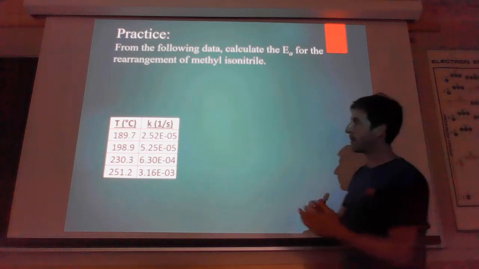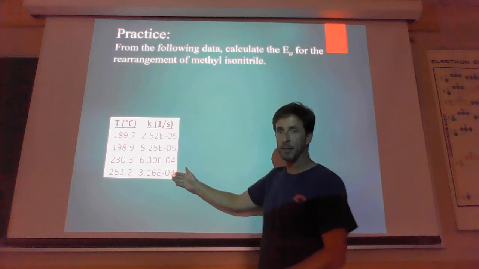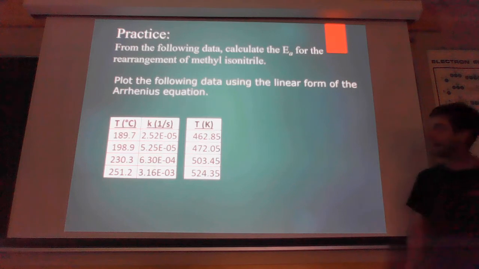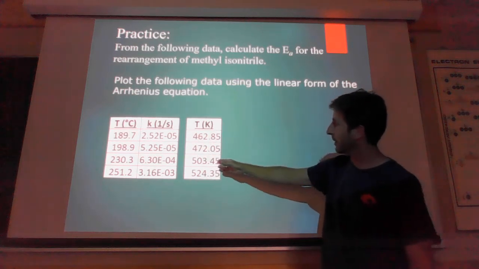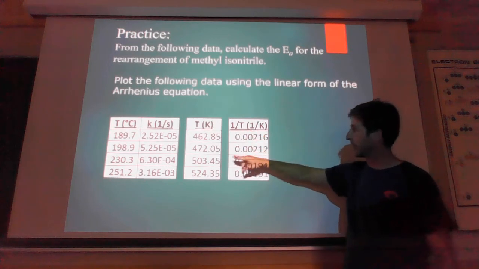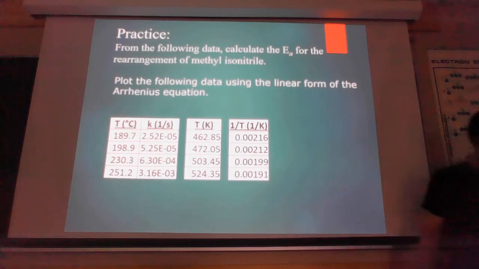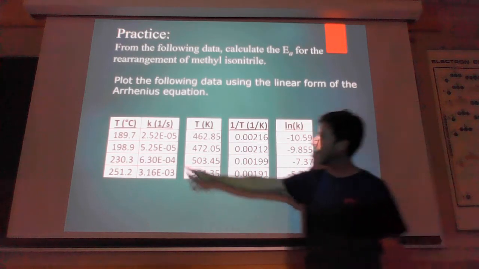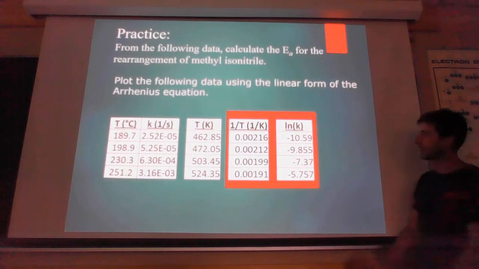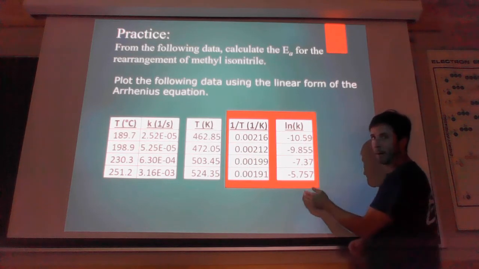We would perform an experiment where at several temperatures, we measure the rate constant, and then we have to do a little bit of data manipulation, where I'm going to have to convert my temperatures from Celsius to Kelvin, and then find 1 over T, so take my Kelvin, invert it to get my inverse temperatures, and then I take my K values and do the natural log. Those are the two data columns that I want to graph. This is my X data, this is my Y data for my graph.